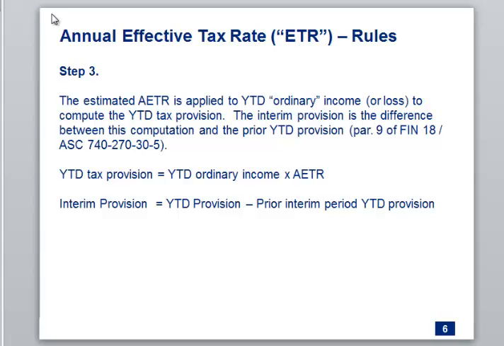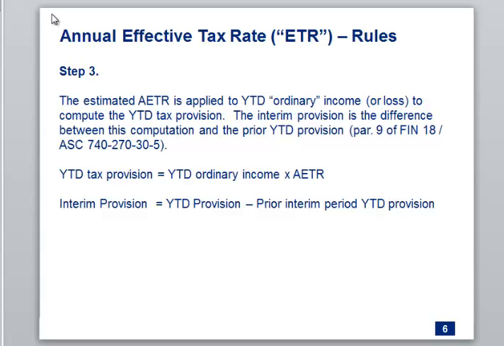You'll take that 25%, and if this is in Q1, you'll multiply 25% times Q1 income, because Q1 income is your year-to-date income. Right? Boom, that's your Q1 provision. Right? Annual rate times year-to-date income, that's the year-to-date provision. And since year-to-date and Q1 are the same in Q1, easy.